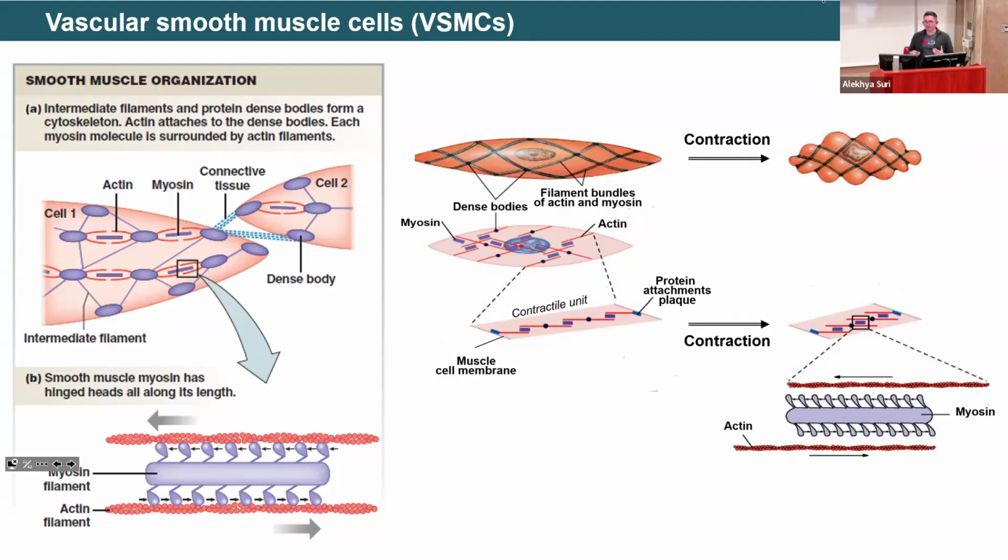Of course, that's what happens to a single cell, but these cells are connected to each other with junctions and all sorts of things. So the tension gets distributed all around the tissue. And when that happens in the context of a blood vessel, then this contraction that you observe here turns into the reduction in lumen size, right?